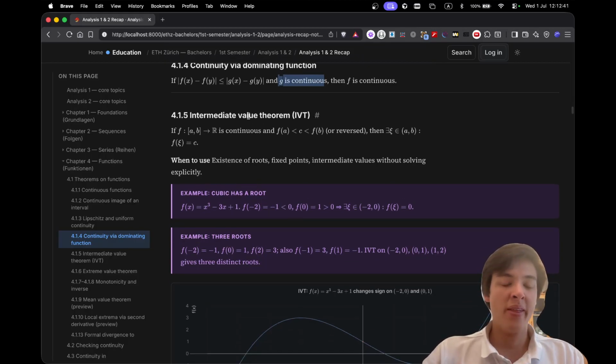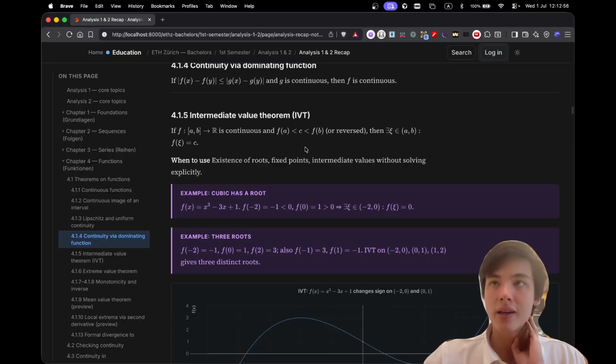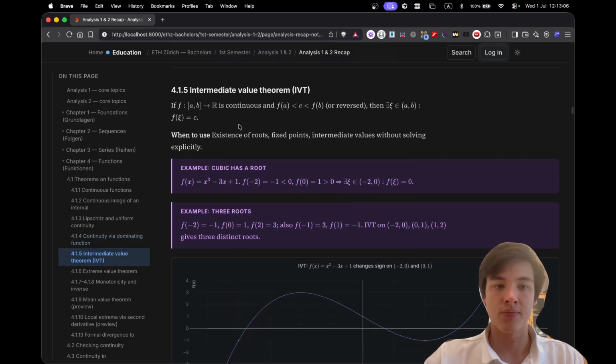Intermediate value theorem. If f is continuous on [a, b], then for a value c between f(a) and f(b), we can find an x_c. So if we find a value between the two bounds of the output, then we can find a value between the x inputs, a and b, where it will give us this intermediate value.